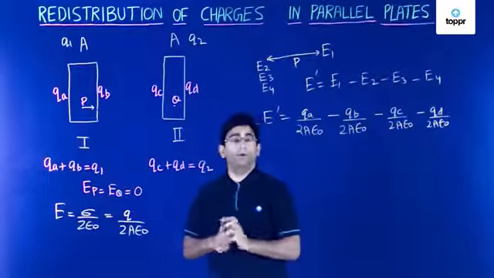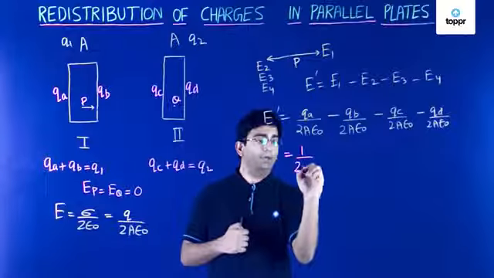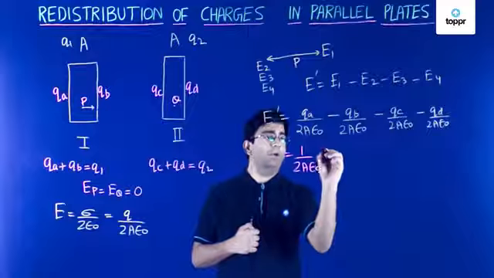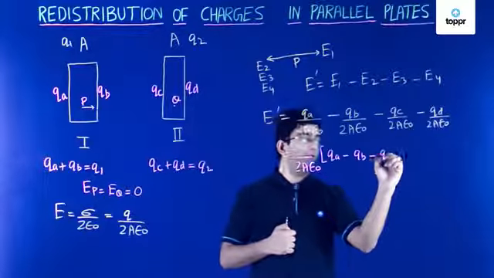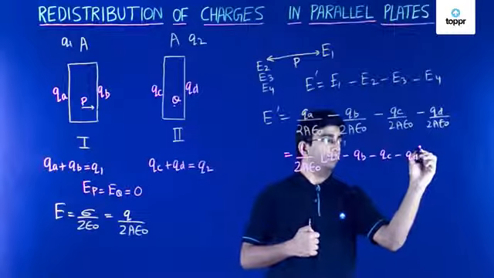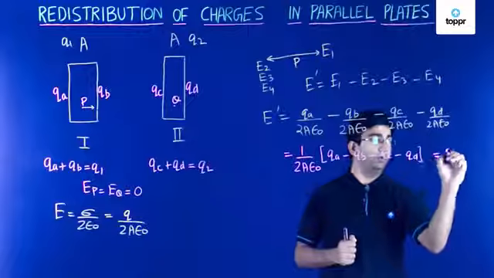Now if I take the common terms, 1 by 2A epsilon naught would come out as common, so we will get QA minus QB minus QC minus QD. This entire expression of electric field has to be equal to 0.